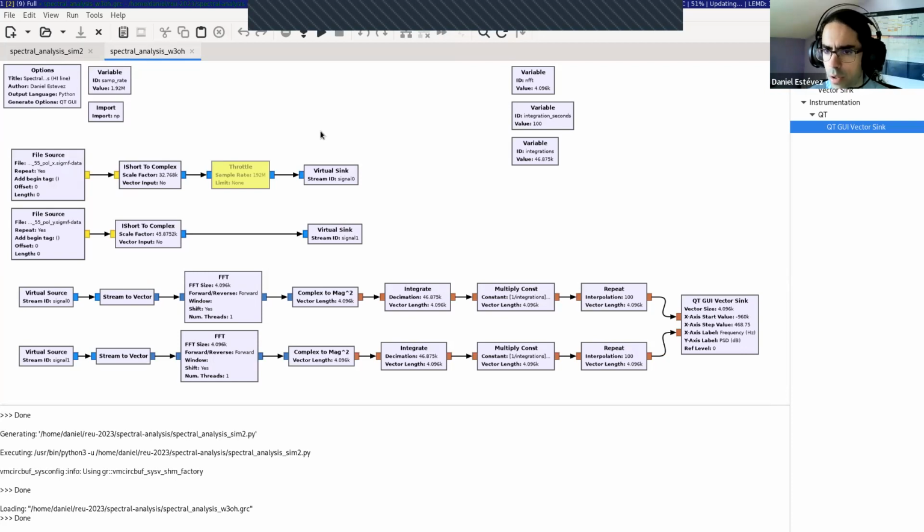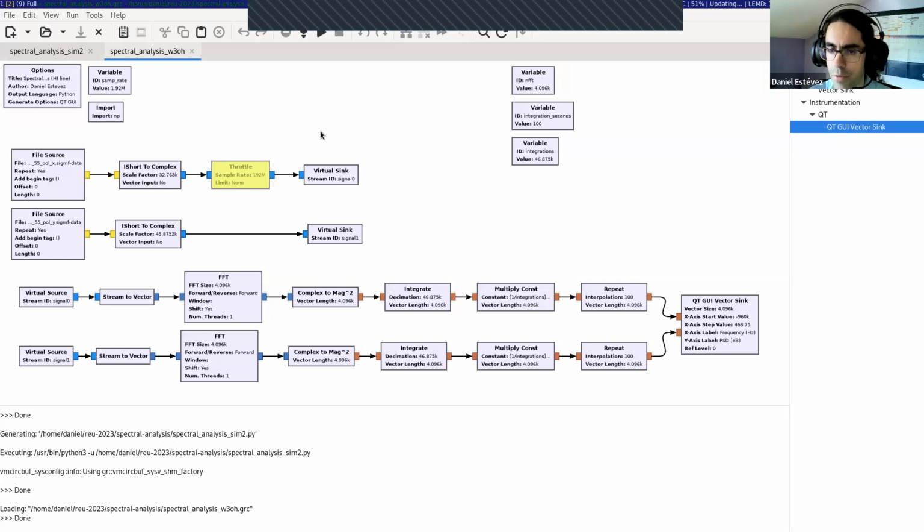This uses a recording of W3OH done with one of the antennas of the Allen telescope array. W3OH is what is called a maser, an OH maser. That means that there are some OH ions in space, and they are being energized by some physical processes, and then they release that energy as microwave radiation of a frequency that we can detect with our telescopes.